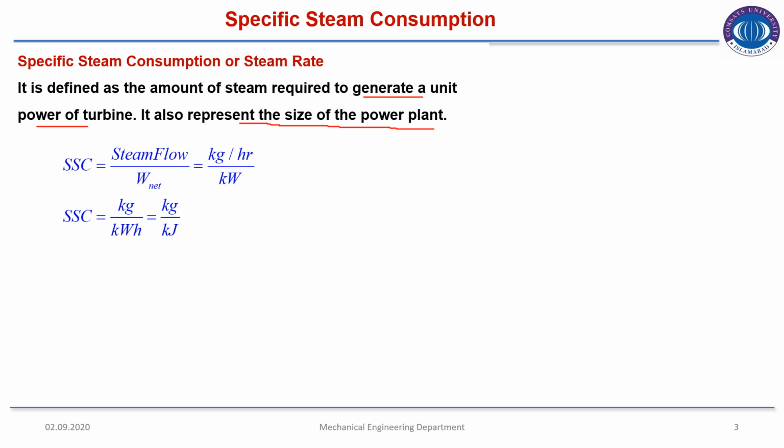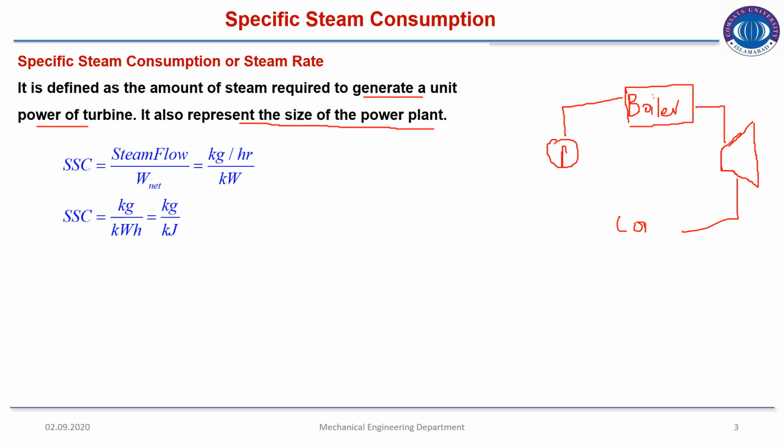So as you know, I will draw a simple Rankine cycle. So here we have the pump, then the pump is connected with the boiler, and then here we have the turbine, then here we have the condenser.